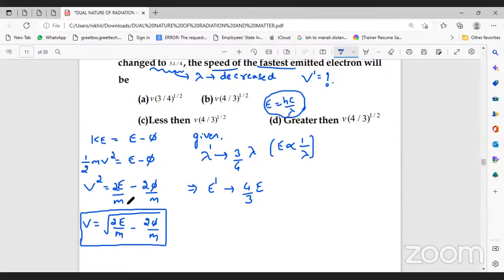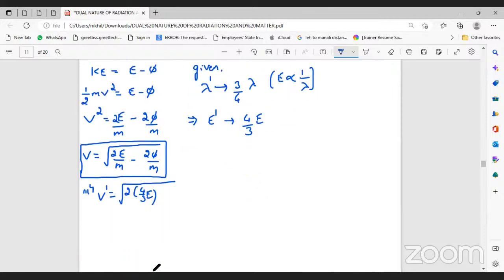Now, similarly, can you write it for V dash? Root of 2 times E. What is E? 4 by 3 E, right? By M, minus work function remains the same, that is 2 phi by M. Now, can I take out 4 by 3 as common?